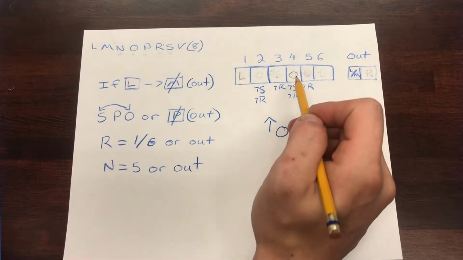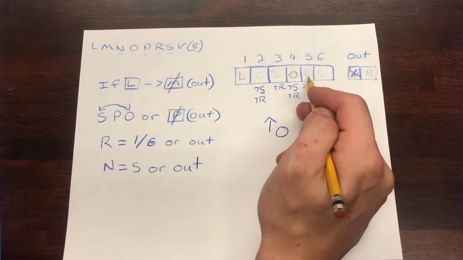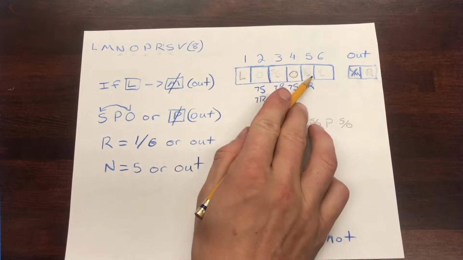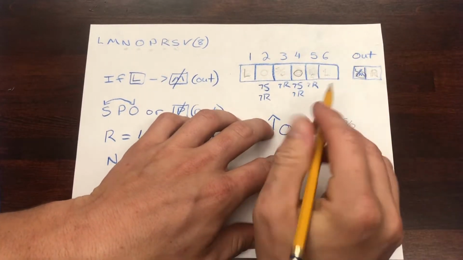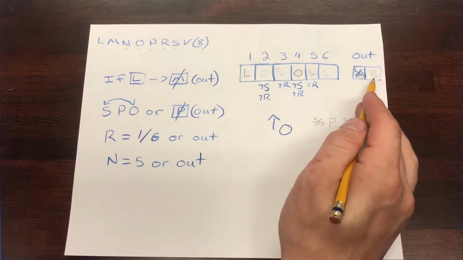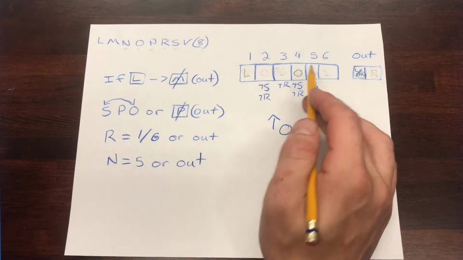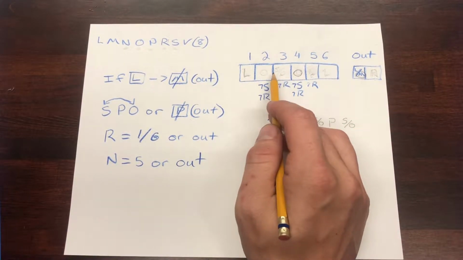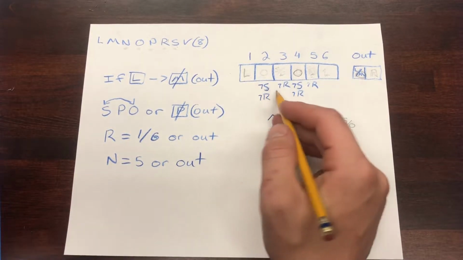All right, so if O is here, then we can either have N here or P here. If we have a P here, then we've displaced the N, and we know that the M is out. Then the S, which would have to go here, would displace the R, and we've only got one spot. So you cannot have the P here, and you cannot have the P here, because if you put the P in 3, it would force the S, and we can't have the S. That violates the rule.